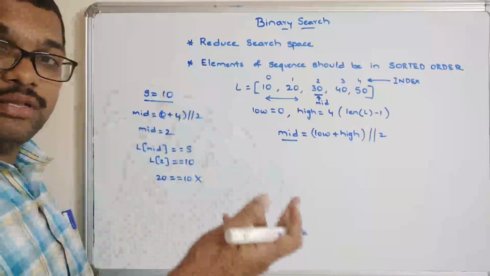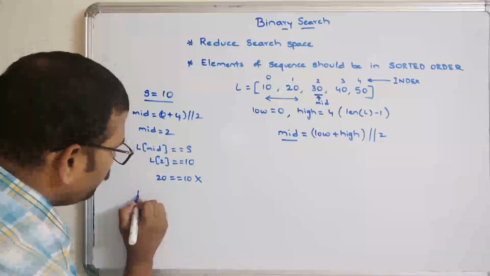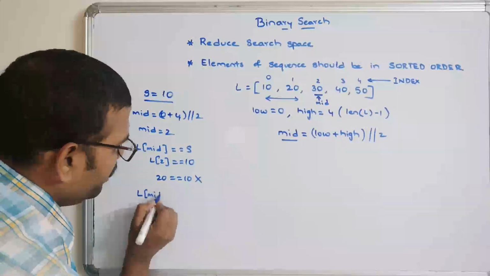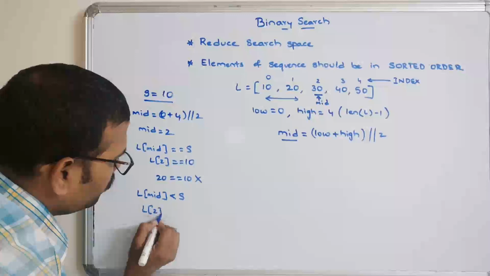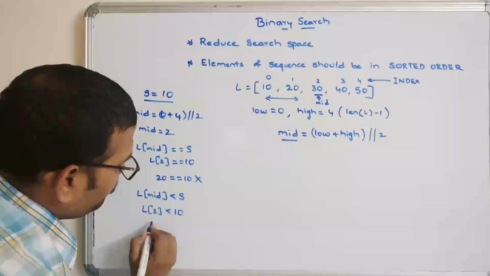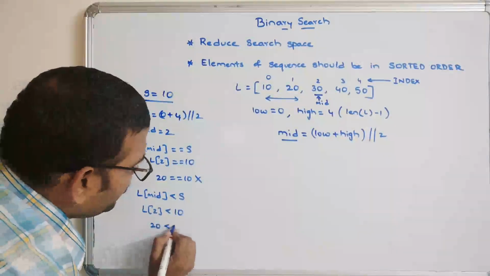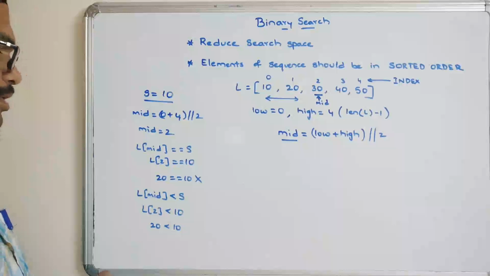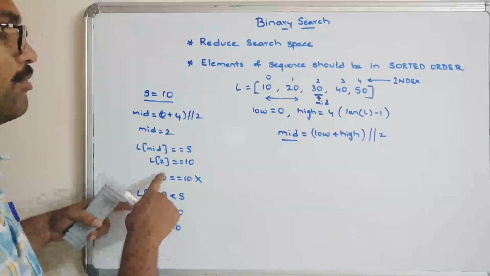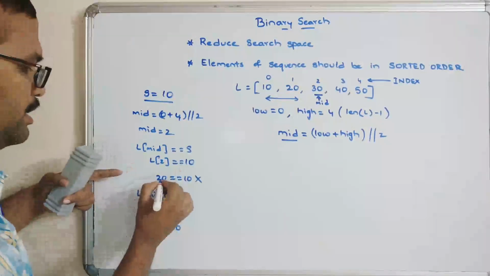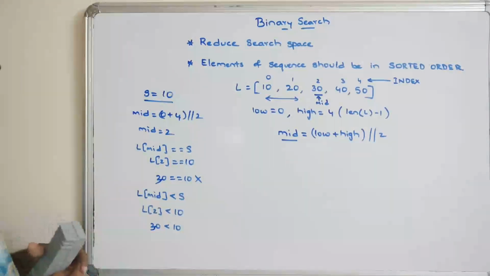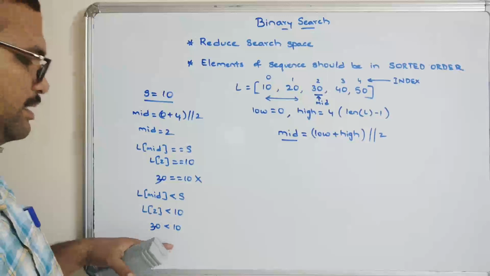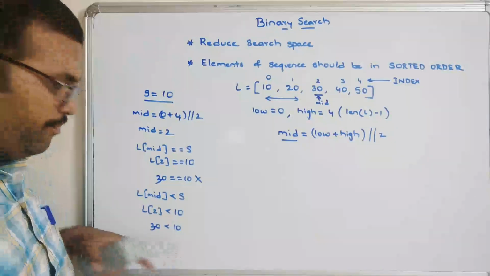So we need to check for the second case. What is the second case? L of mid less than S. That means L of 2 less than 10. Sorry, L of 2 is 30, not 20. 30 is less than 10?